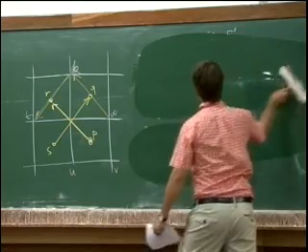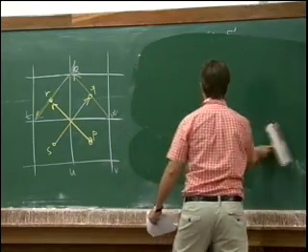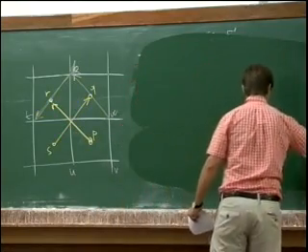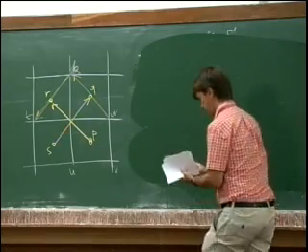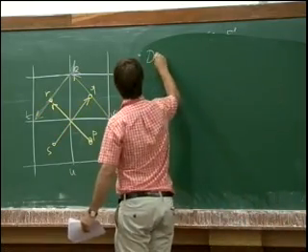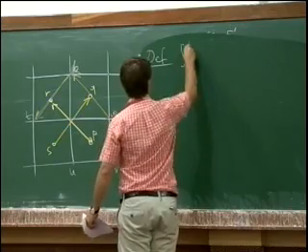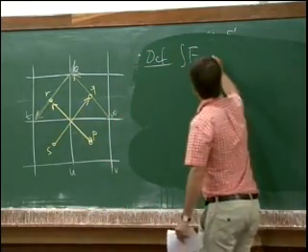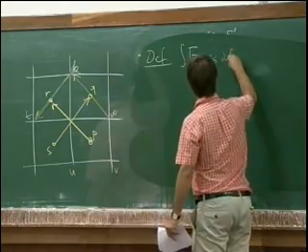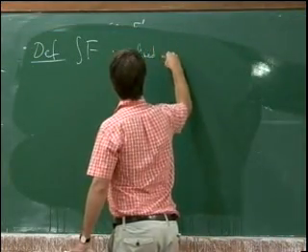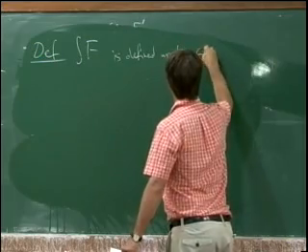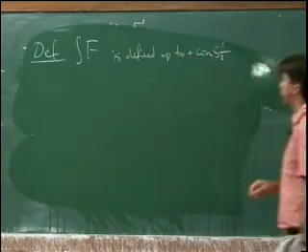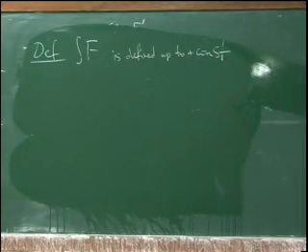So the primitive of f, of course, is defined up to an additive constant. So we have to fix the value somewhere. And it's uniquely defined in simply connected domains.